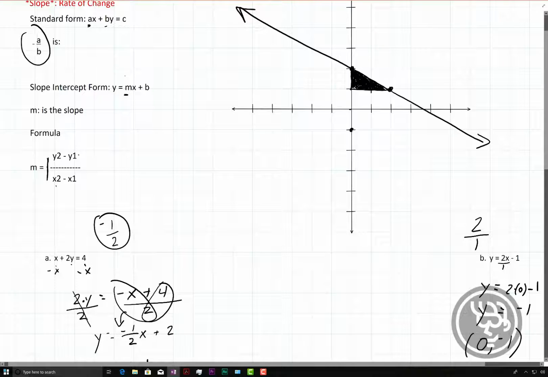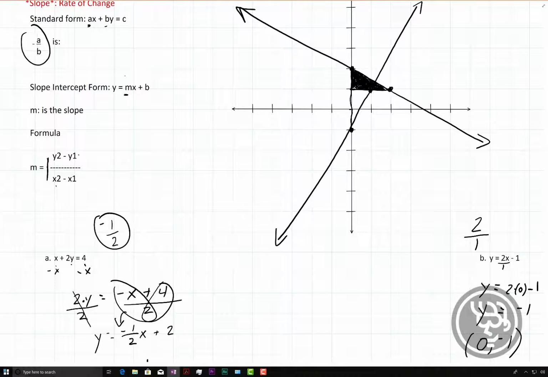So from here, we're going to go up 2, would look like this. I'm going to go 1 here and then 2 and then here. So that's your other point. So your line for this one is going to look something like this. Okay, and here's for this one, your triangle is here.